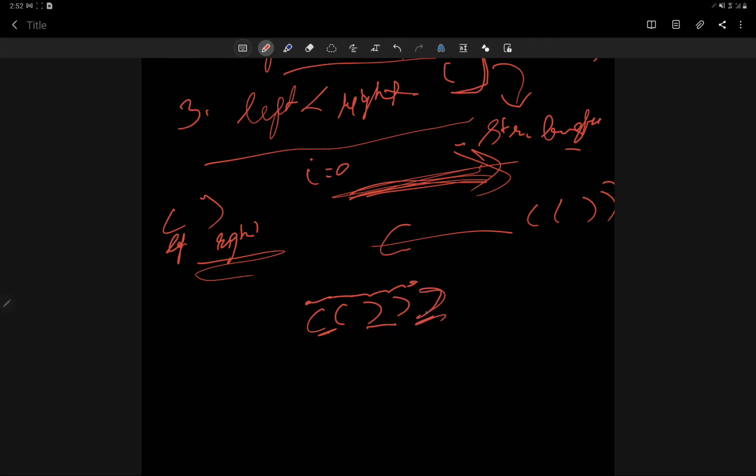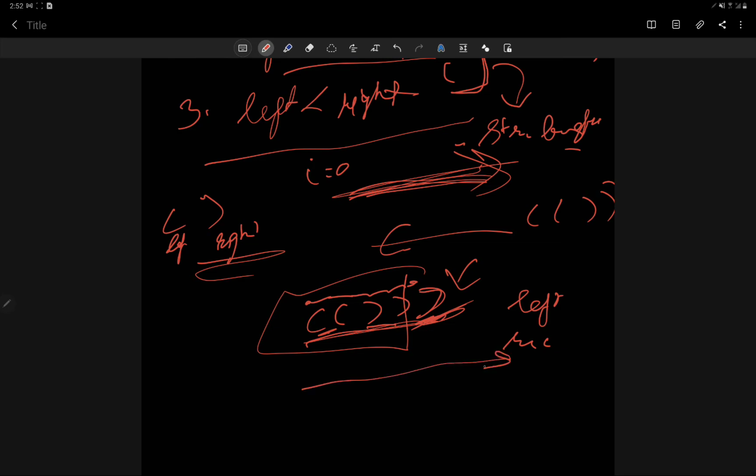As soon as it becomes 3, it's greater, which means this can't be a valid substring. So here we initialize both left and right to 0. Are you getting my point why we encounter this case in the traversal moving from 0 to the string length position?